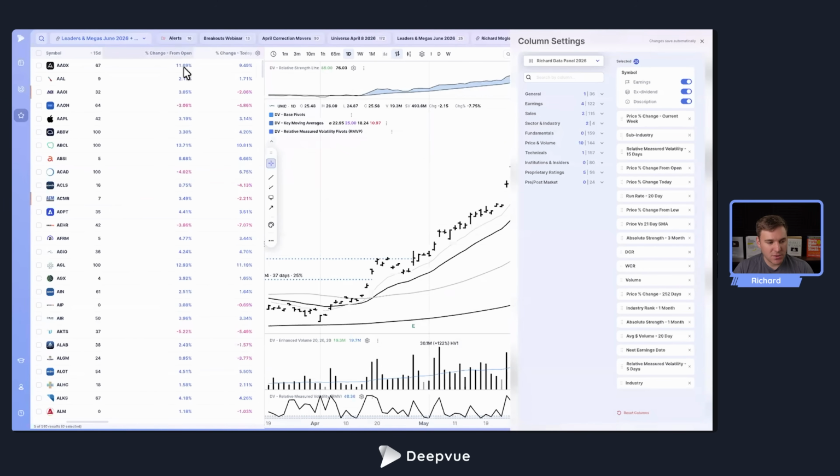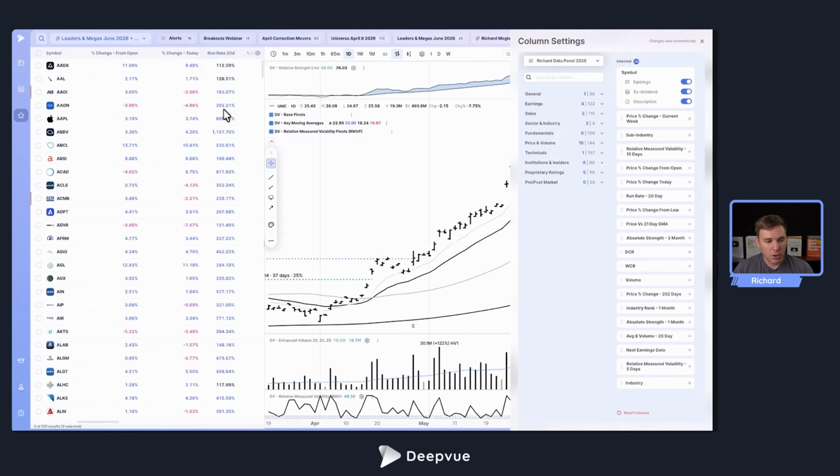I've got percent change from the open, percent change today, run rate, which is relative volume. So even at 9:35, you'll see volume is running twice as fast as normal. This helps you see institutional flow by seeing what stocks are experiencing abnormally large volume, even from minute one of the day. Run rate will show you that.